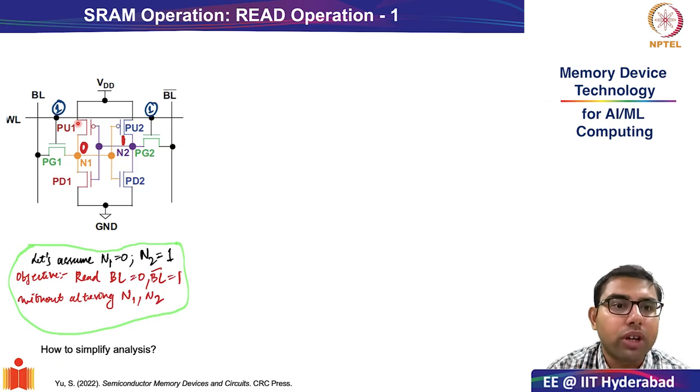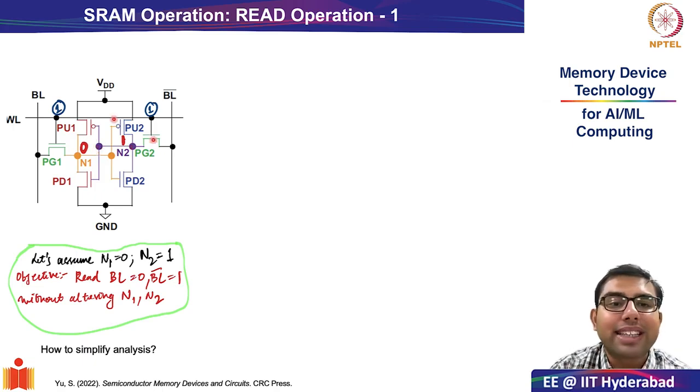Since you have two inverters, you will have one pull-up and one pull-down transistor each, as you see: PU1, PD1, PU2, PD2. These correspond to inverters 1 and 2. As you can see, the output of inverter 1 is connected to the input of inverter 2, and the output of inverter 2 is connected to the input of inverter 1.